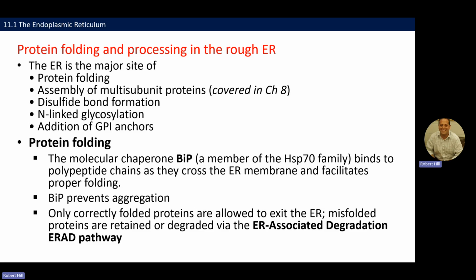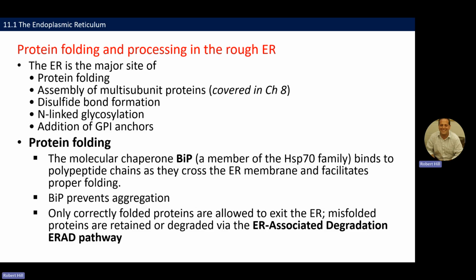These are members of the heat shock family of proteins because their levels greatly go up in response to elevated temperatures. And as that protein is getting pushed into the translocon, these chaperones immediately start binding to it. They keep it semi-linear to prevent protein aggregation and misfolding.